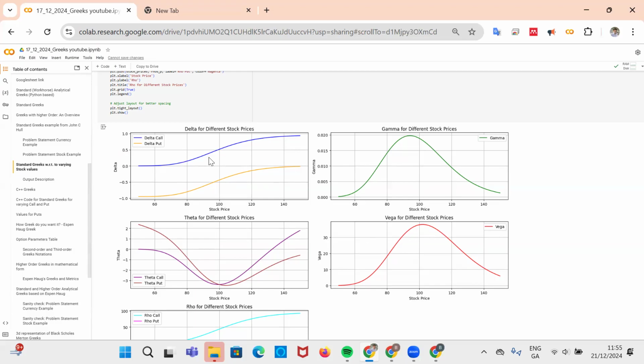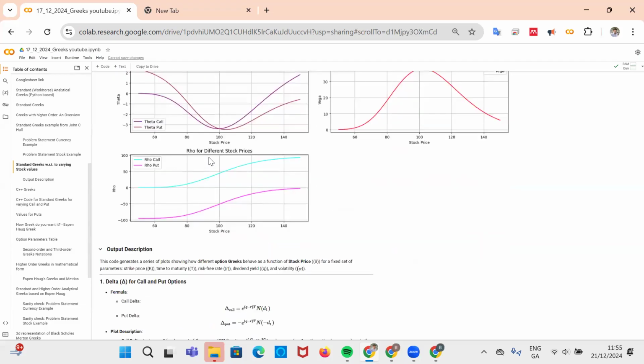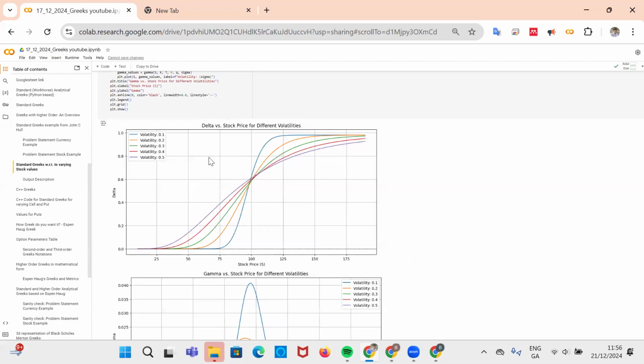What's the interaction between the delta and the volatility? So we can observe here, as we increase the volatility, this is the value of the call delta relative to the stock price, so what we observed before, but now we've done it sequentially for different levels of volatility.